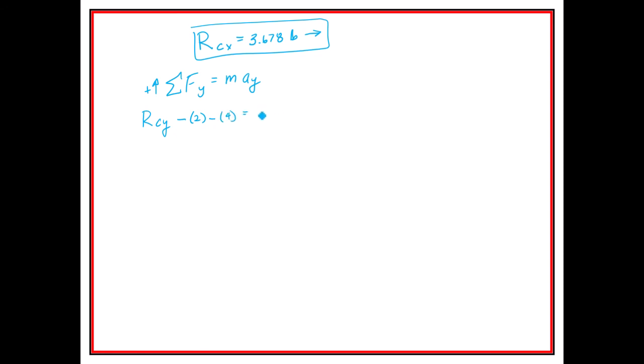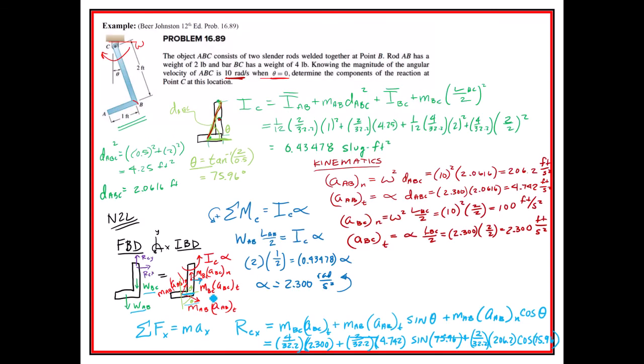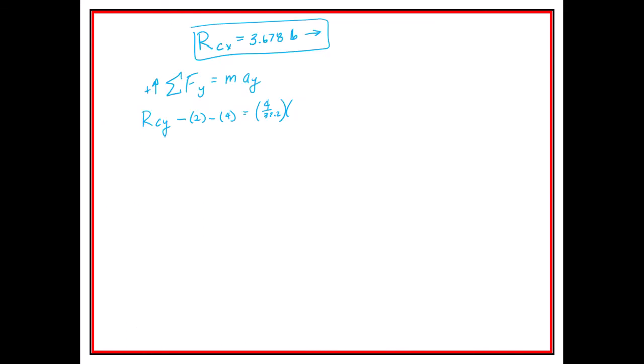And then we go through the rest of the stuff, right? Let's just write the thing out. So we have the mass of BC is 4 over 32.2. And the acceleration of it is going to be upwards, so it's going to be positive, and that's going to be BCN. So that's 100, right?